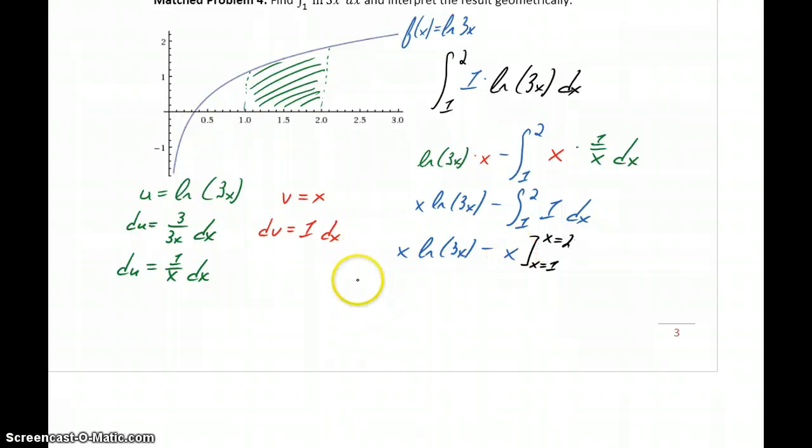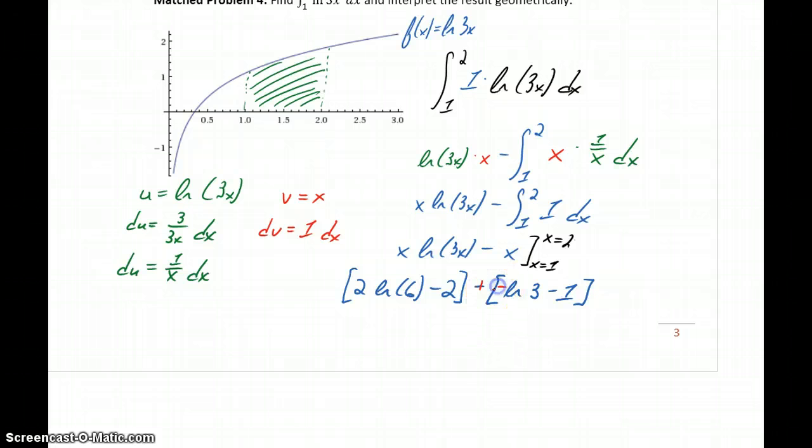So what we want to do is evaluate 2 times the natural log of 3 times 2, which is 6, minus 2. So we want to take this minus now that entire expression evaluated at 1. So that'll be 1 times the natural log of 3 times 1, which is 3, minus 1.